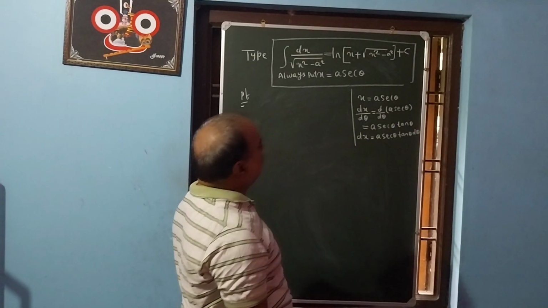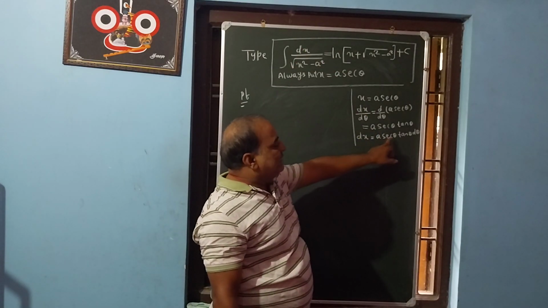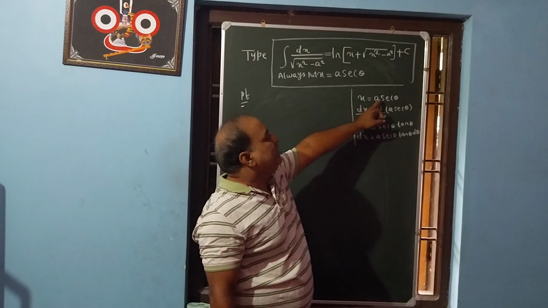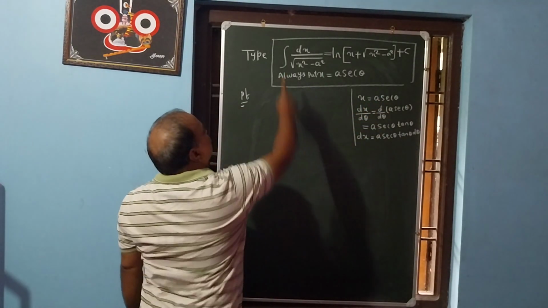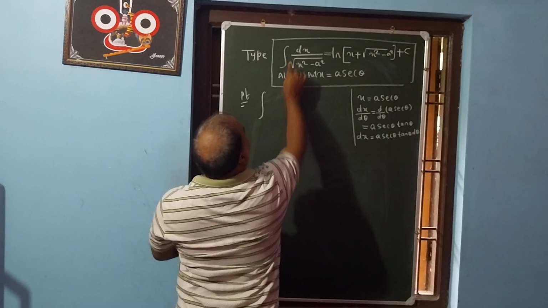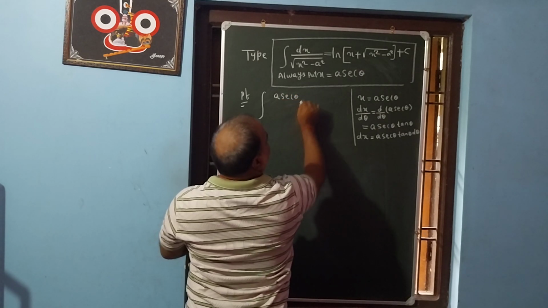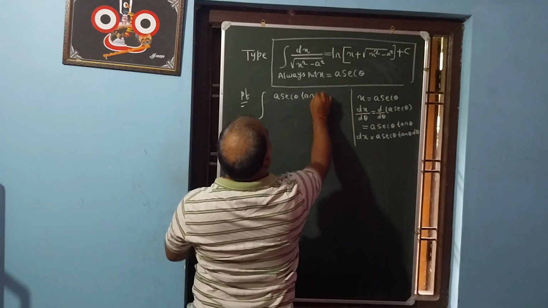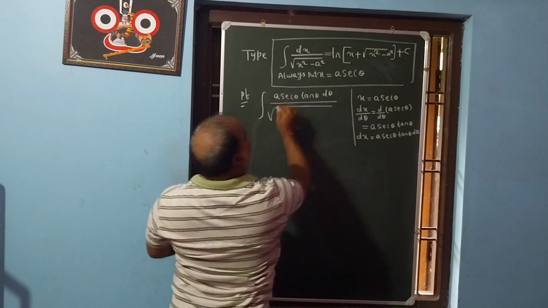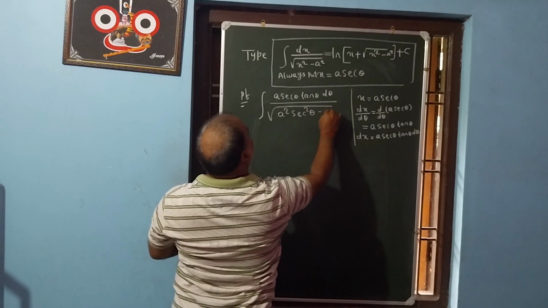So now the integral becomes, in place of dx, we put a sec theta tan theta d theta, and in place of x, we put a sec theta. So the integral becomes integration of a sec theta into tan theta d theta divided by root over a square sec square theta minus a square.